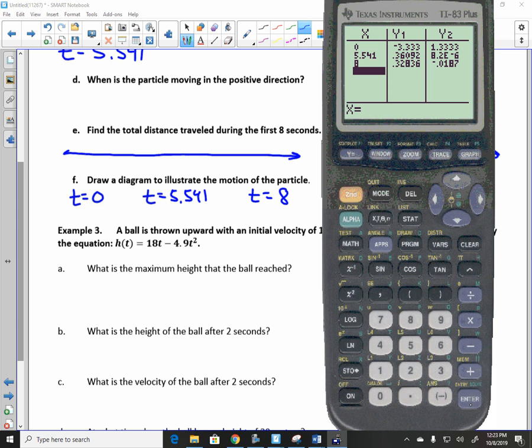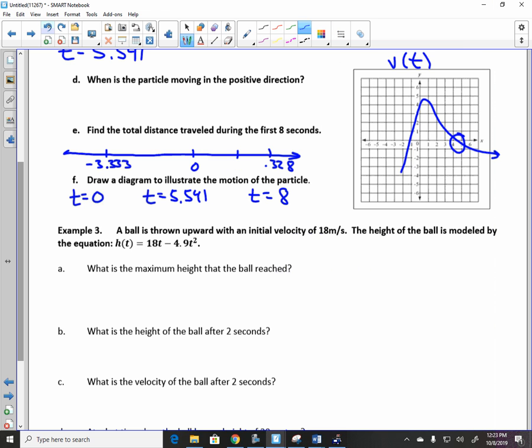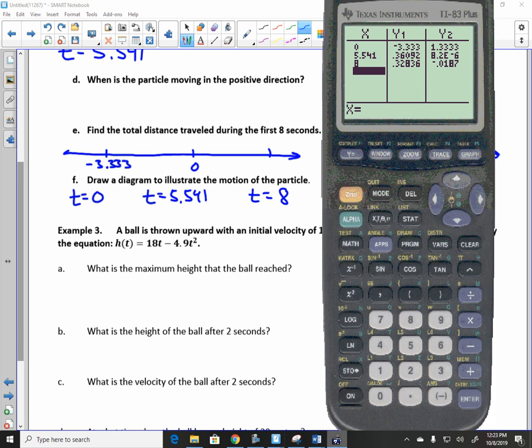So here's what I have. The particle starts at negative 3.333. I always like to put 0 on there. It helps me with a frame of reference. It travels over to 0.328. Then it travels to 0.36. Well, I'm sorry, I mixed those up, didn't I? Thank you. Everybody makes mistakes.